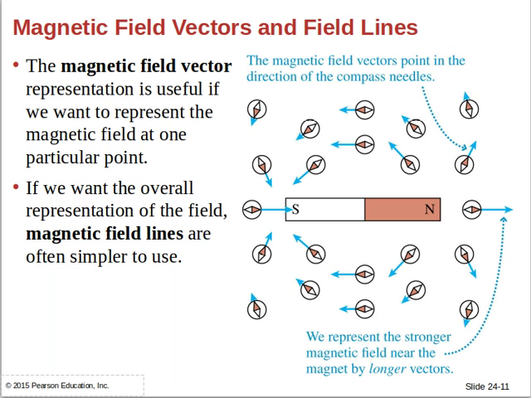If we want to represent the field at one particular point, we put the compass there and we find out which way it points and we draw the field. So you can see in this diagram how the trend of the field is to move around in a circle from the North Pole to the South Pole. So you can see how the dipole field is evidenced by the response of these individual compass needles.